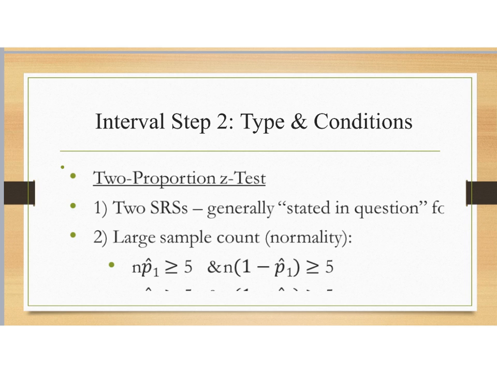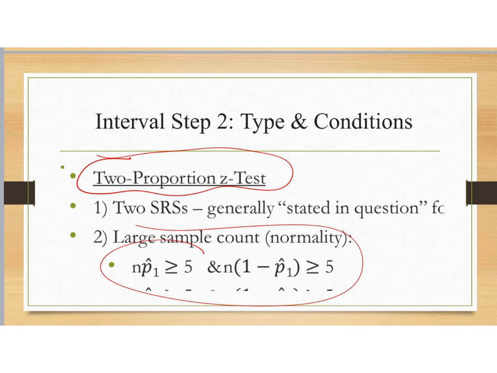So second is, again, type and conditions, and I forgot to mention last time that with the interval, it was a 2 proportion Z interval, and now this is a 2 proportion Z test. So we'd have to mention that again. And then the conditions would be exactly the same as they were before. We'd have 2 random samples. Now we can still test n times p hat and n times 1 minus p hat for both males and females as being 5 or more, and they should be independent of each other.